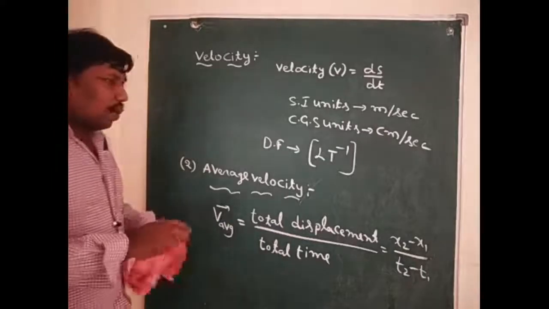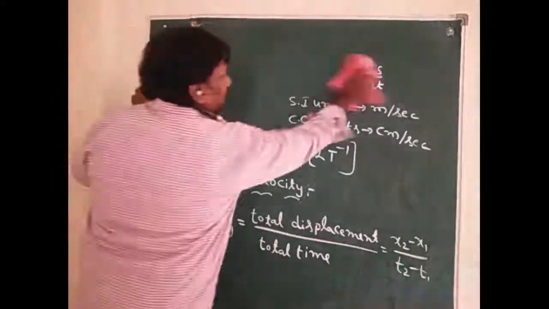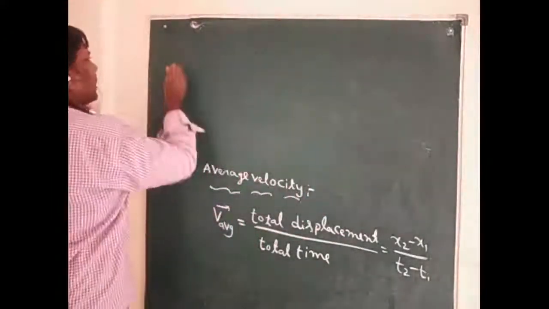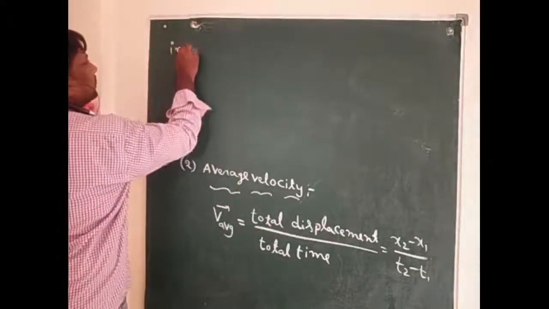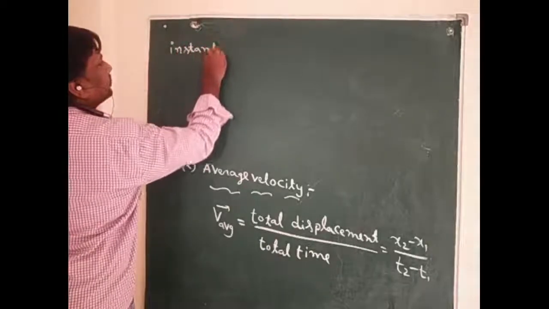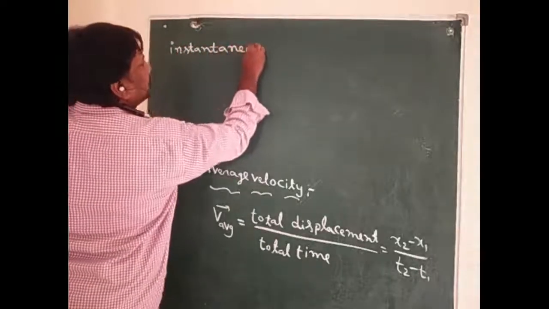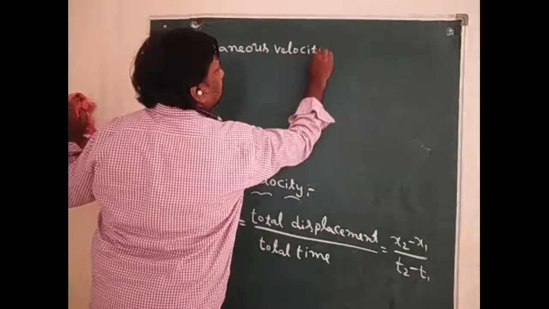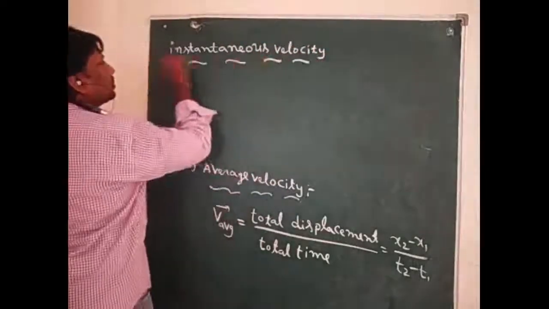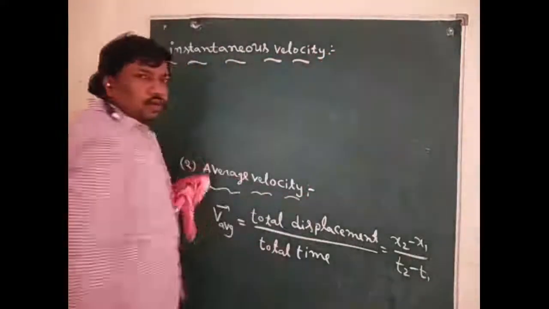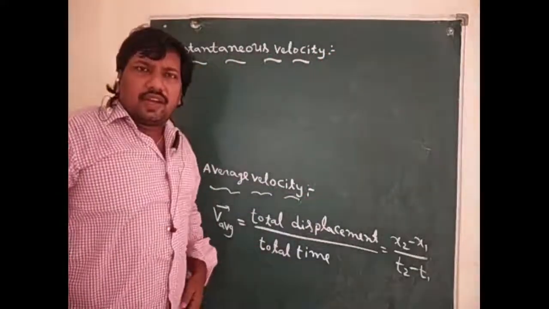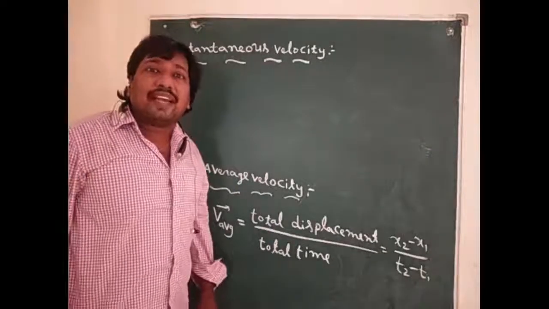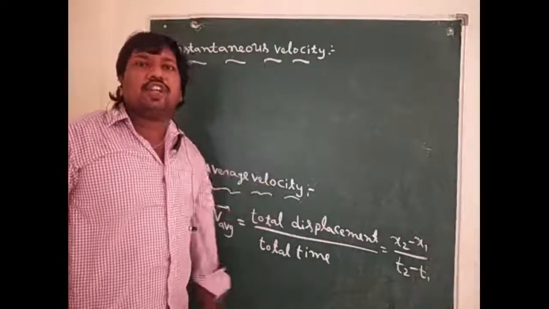Now we discuss instantaneous velocity. What is instantaneous velocity? Instantaneous velocity is defined as the velocity of a particle at a particular instant of time.